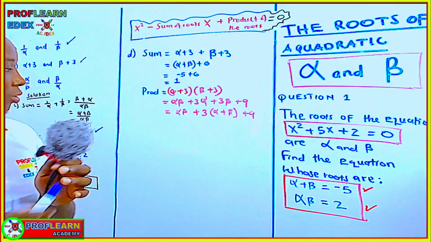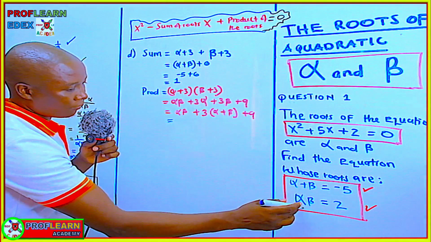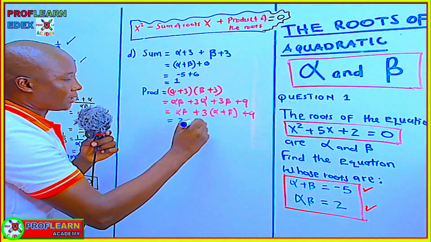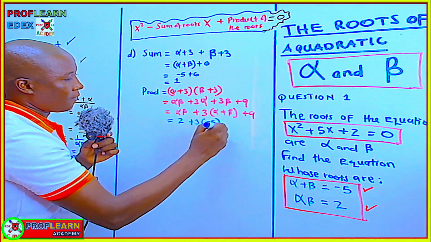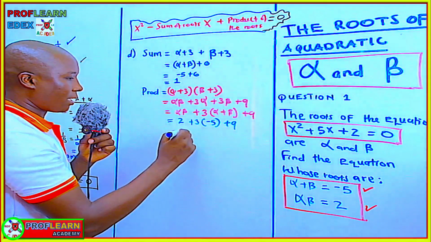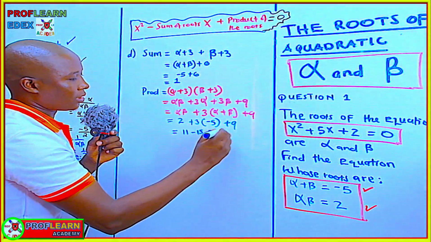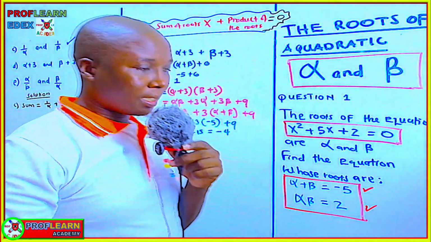From the original equation that was given, alpha beta was 2, plus 3, and alpha plus beta was -5, then plus 9. If you can see here, we are getting 11 minus 15, which translates to -4.